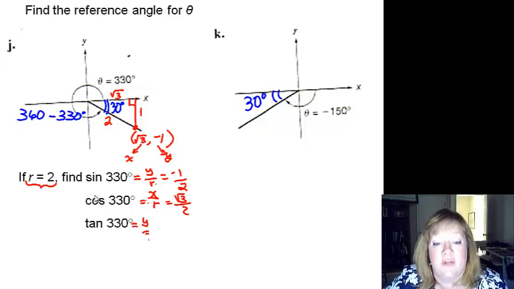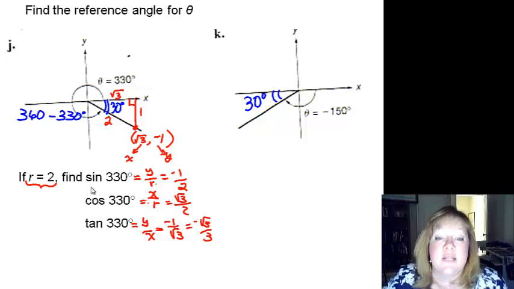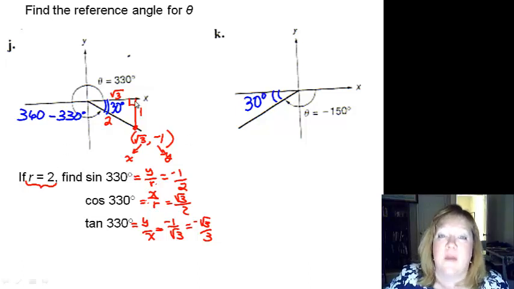And tangent of 330 is going to be y over x. So that's negative 1 over the square root of 3, but when you rationalize it, you get negative square root of 3 over 3. So again, the steps are draw a reference triangle. That's drop a perpendicular back to the x-axis. Then you're either going to have a 30, 60, 90 or a 45, 45, and you can find those sides to get the coordinates of your point. Okay, we'll see you tomorrow.